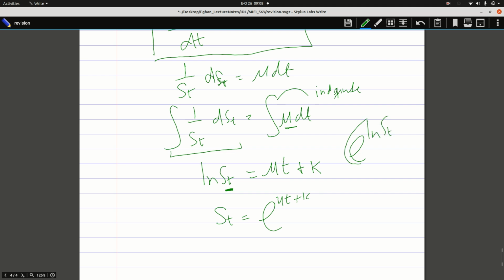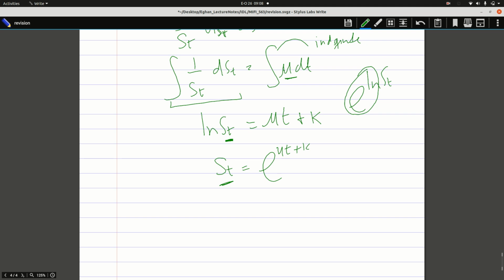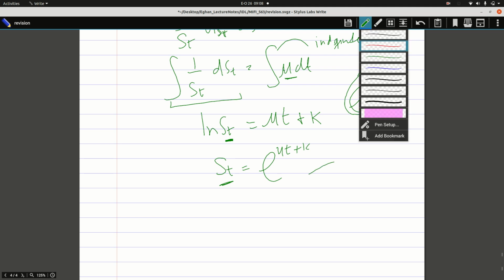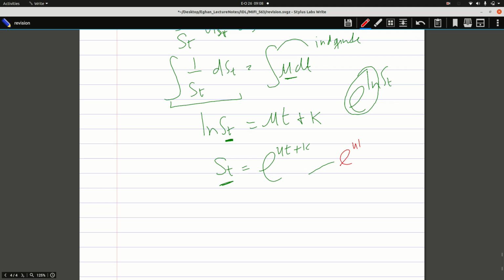That's why I have just the S(t), and exponential of the right hand side. Now by indices, I can rewrite this as exponential mu t times exponential k. Addition of the superscript is the same as multiplying them. I can set this guy to some A, so it means I have A times e^(mu t).